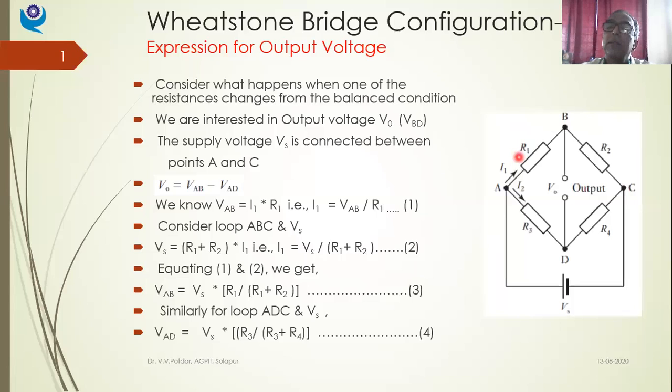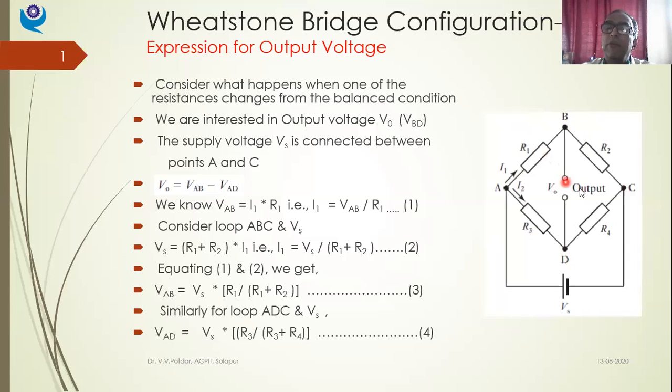Now what happens? The bridge becomes unbalanced, isn't it? So what do you mean by unbalanced? Because of change in resistance, the potential at B and potential at D will no longer remain the same. So there is a potential difference across B and D, and the current starts flowing in this branch, right?